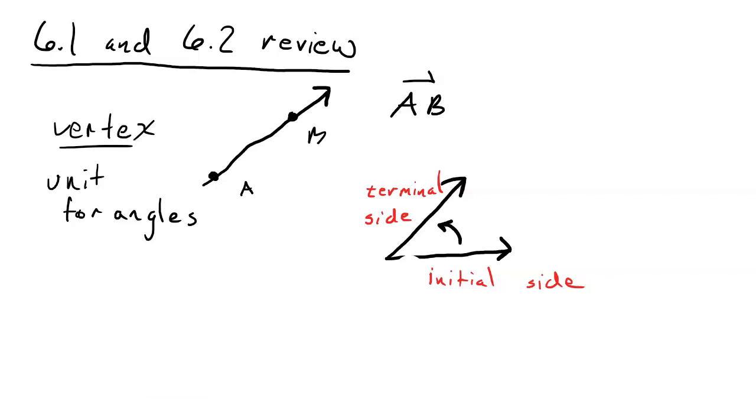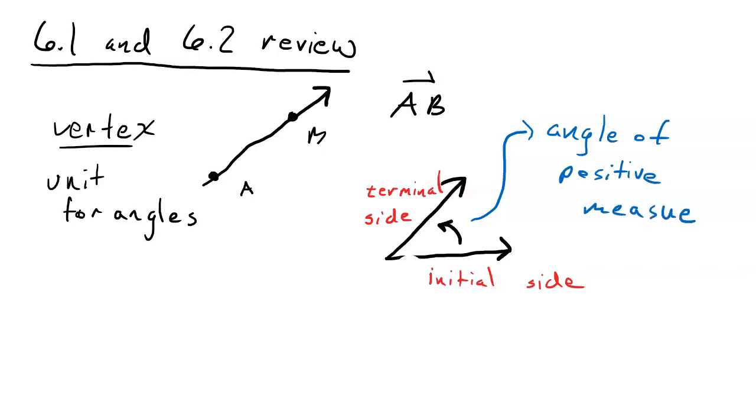So this is actually an angle of positive measure right here. And this is just a general angle made up of two vertexes with an initial side and a terminal side.